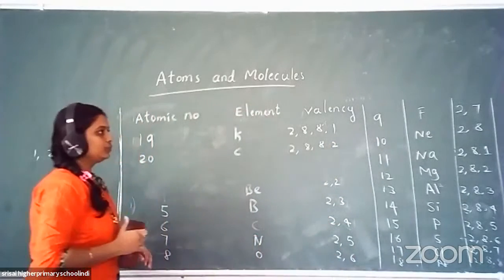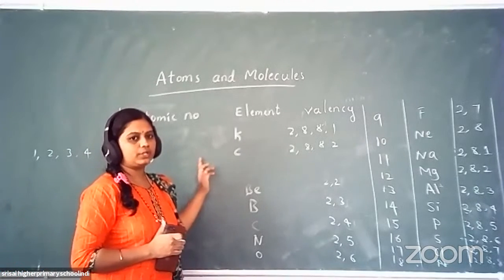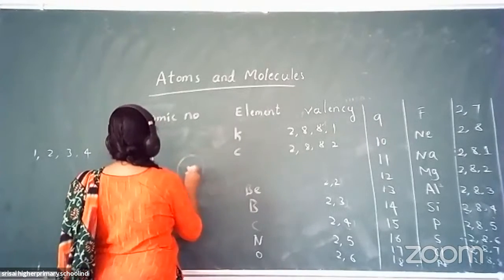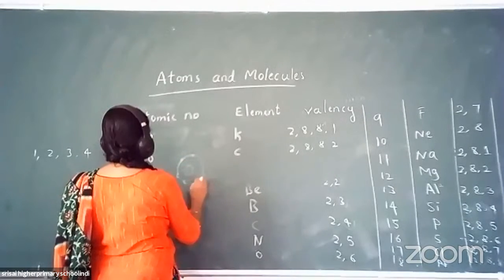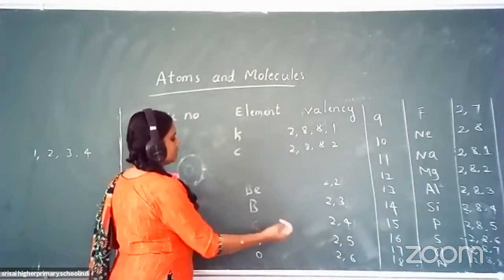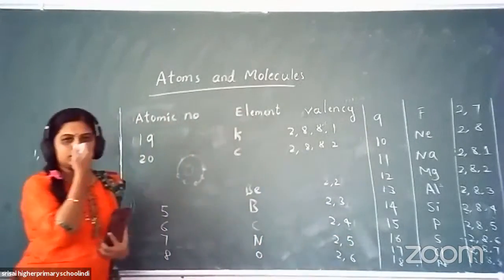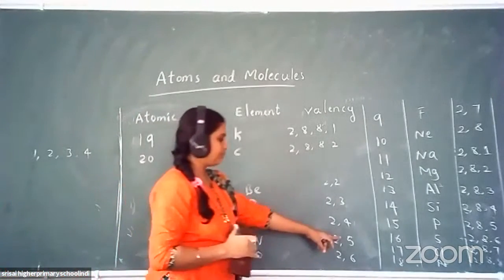So these we have to subtract from 8. In the structure of an atom, we find 8 electrons last. If the number is less than 8, we have to subtract it from this.